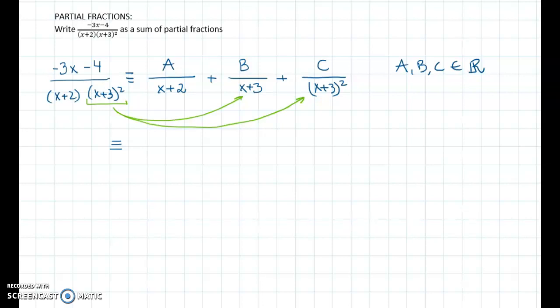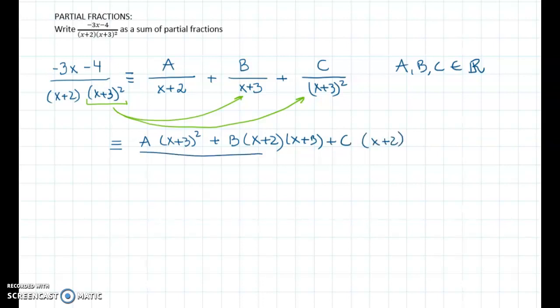For the first fraction, a is going to be multiplied by (x+3)² because that's what is missing from the common denominator. b is going to be multiplied by (x+2), but also by one more copy of (x+3). And then c is going to be multiplied by (x+2) only. And the denominator, I write it as well, (x+2)(x+3)².